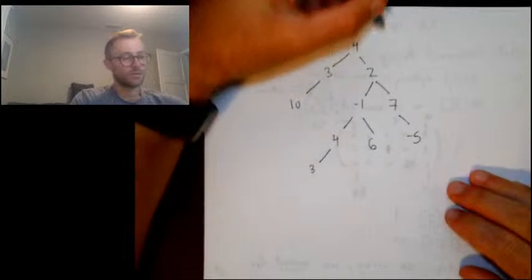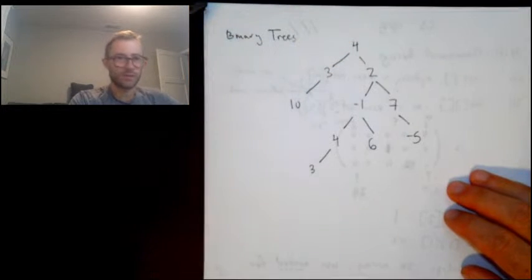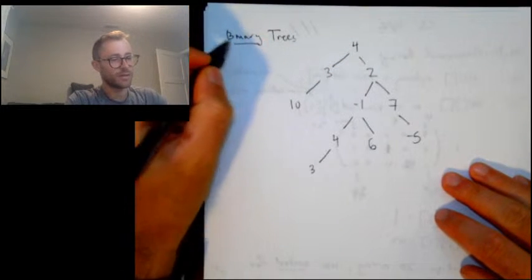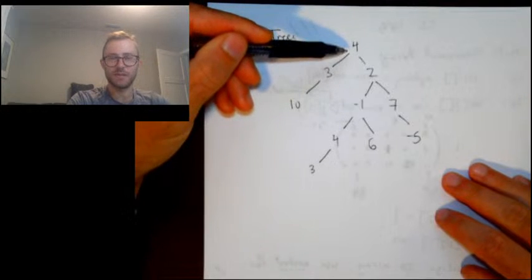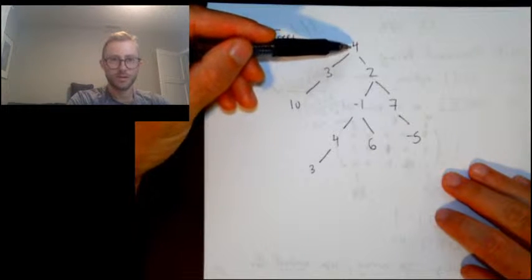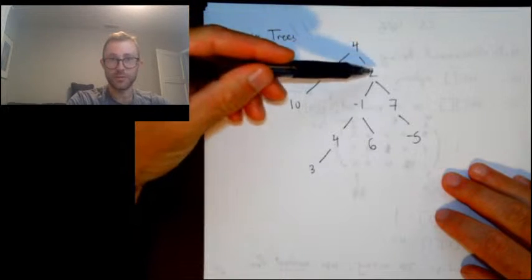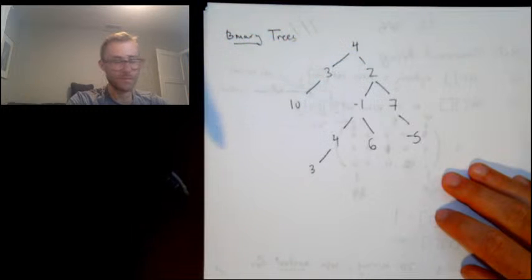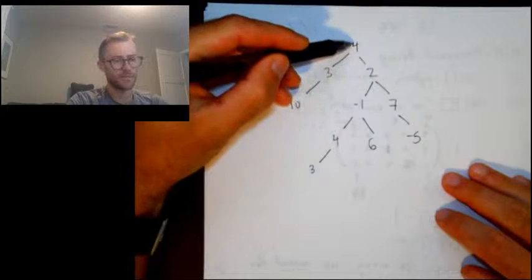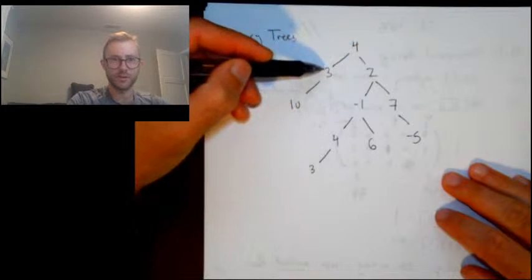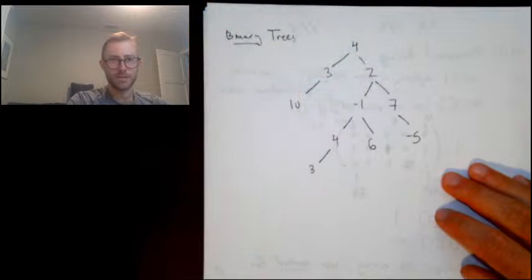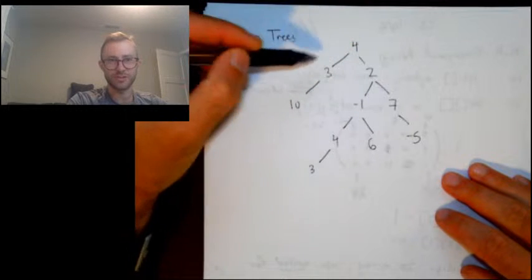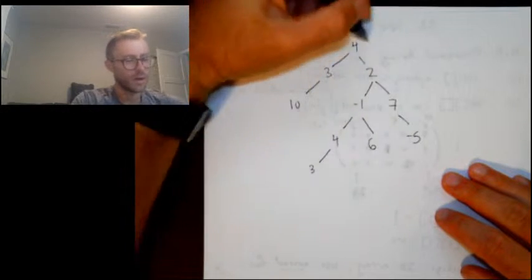Okay. So you can see, why is it called a binary tree? It's because every object is connected to 2 objects that are below it. So the 4 is connected to the 3 and the 2. These are like the branches of this.